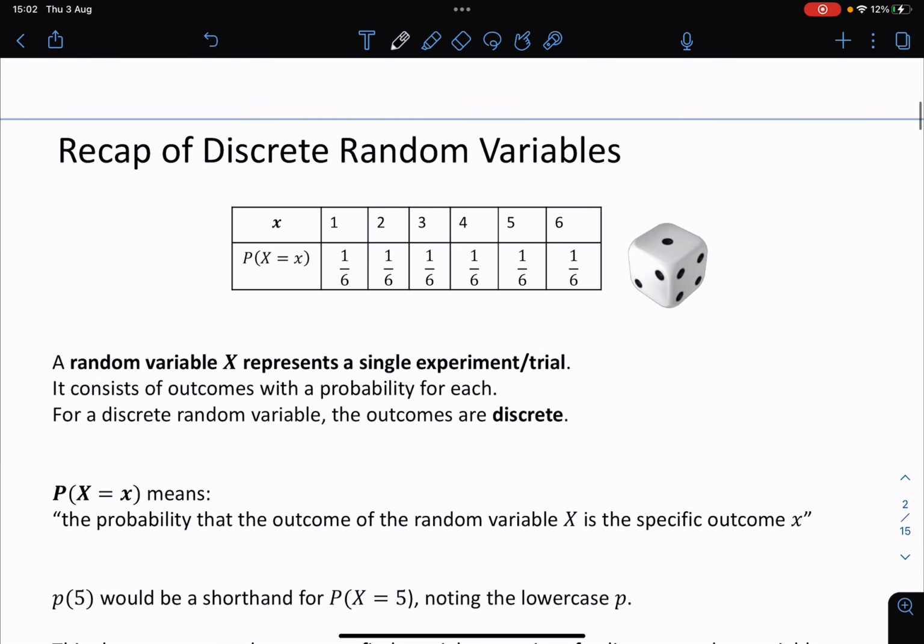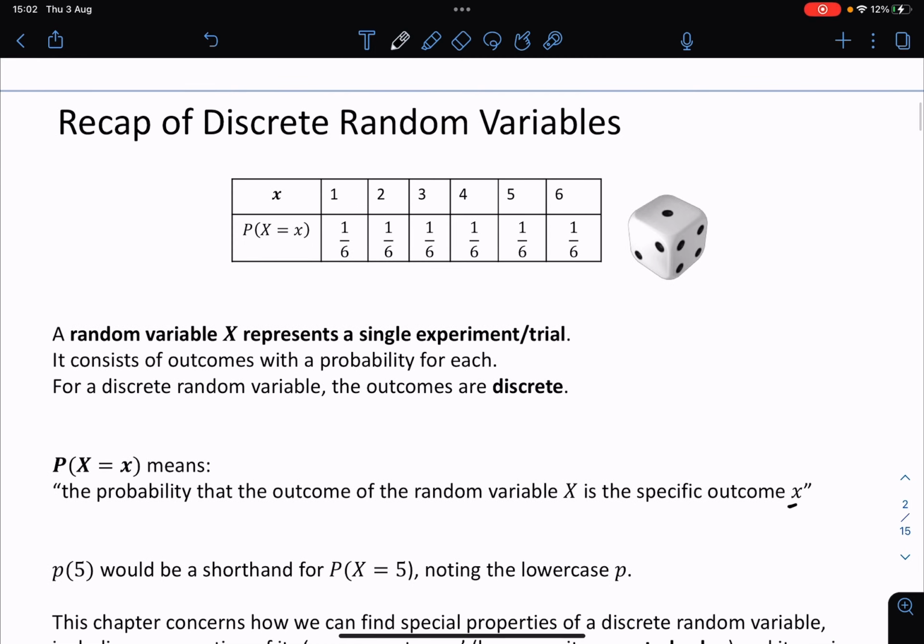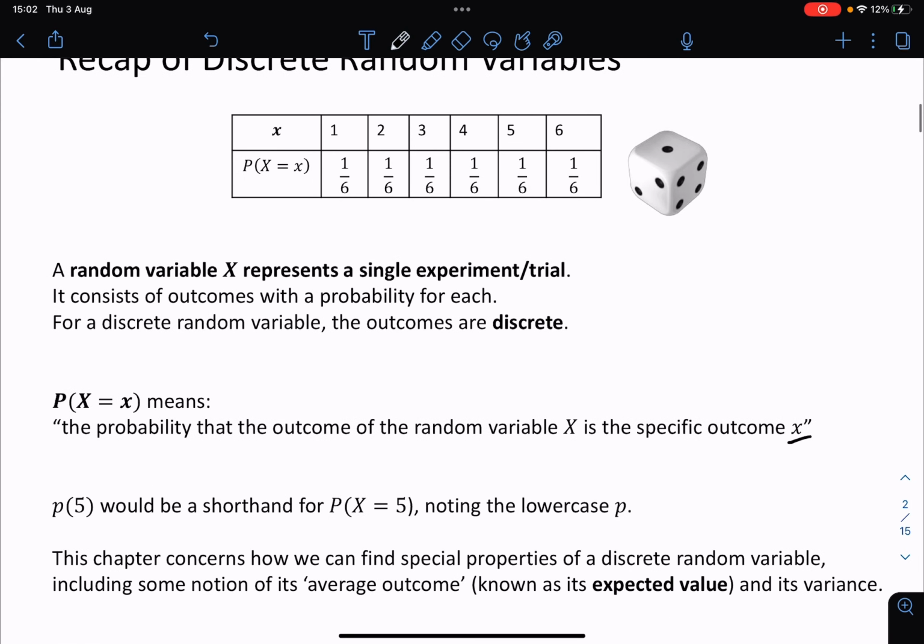As a bit of a recap for what a discrete random variable is, a random variable represents a single experiment or trial. It consists of outcomes with a probability for each. And for each discrete random variable, the outcomes are discrete. The probability that x is the specific outcome: p of 5 would be the shorthand for the probability that x equals 5, noting that it should be a lowercase p.